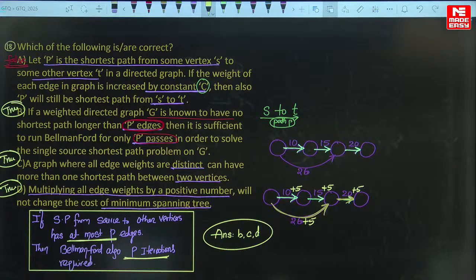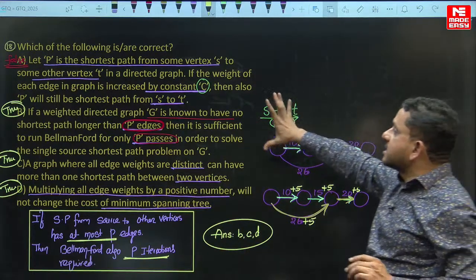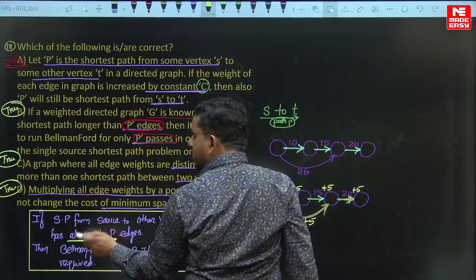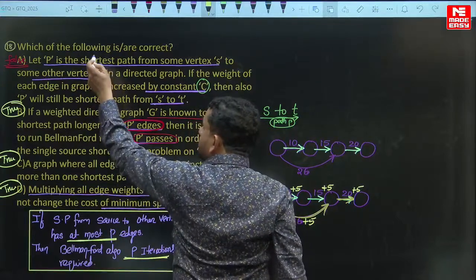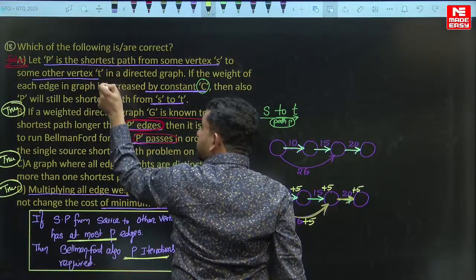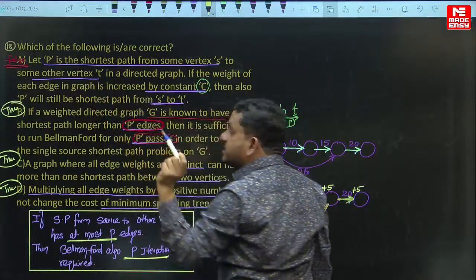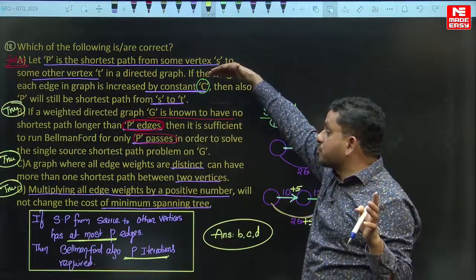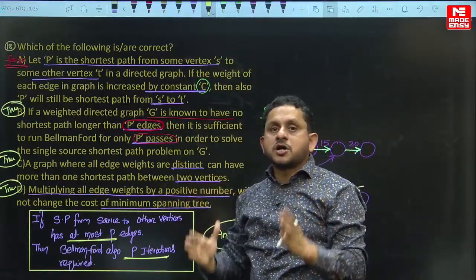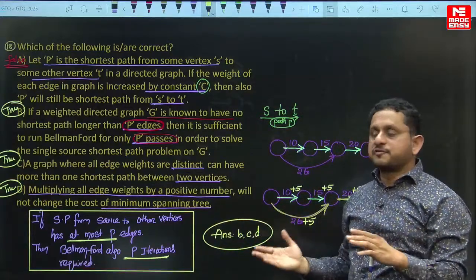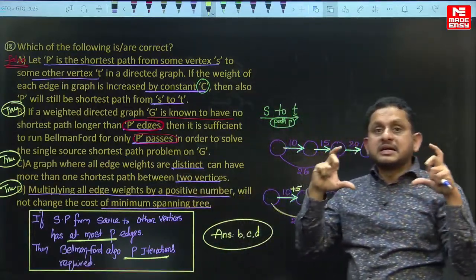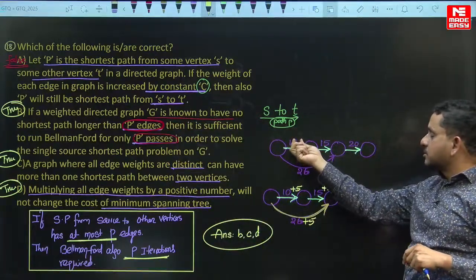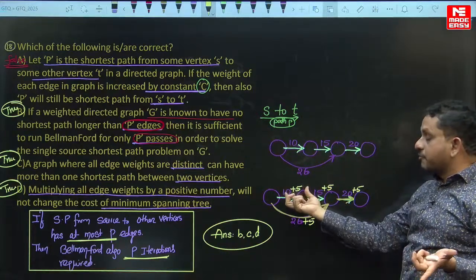Any doubt on this? There are four very important statements in the same question: how the Bellman-Ford algorithm behaves, and if every edge weight is increased by some positive constant or multiplied by some positive constant, the shortest path may change before and after, but the MST does not change, because the relative order of the minimum cost edges stays the same. The first minimum is 10, and after adding 5 it is still the same edge.